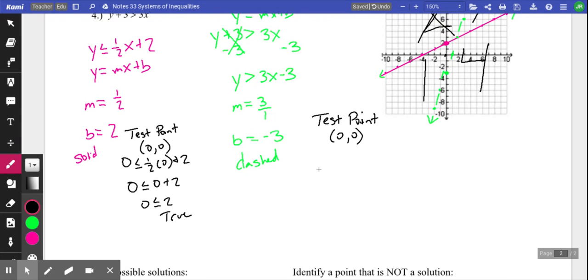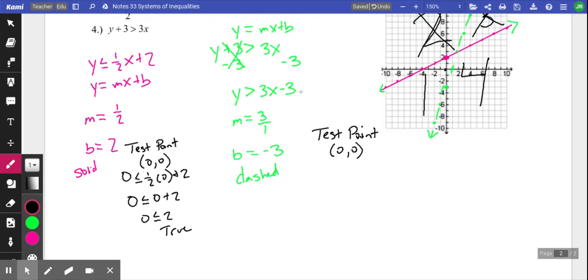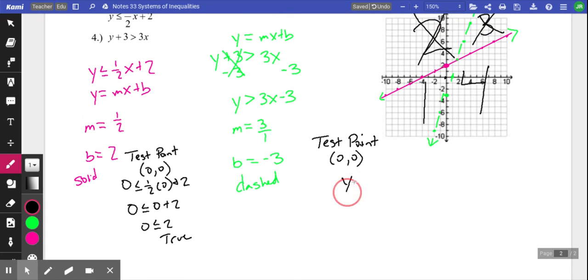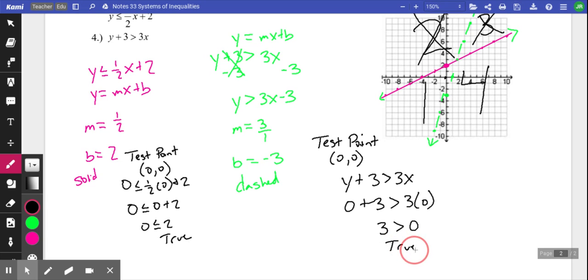So I'm going to plug it into my second inequality, y plus 3 is greater than 3x. I'm going to replace y with 0 and x with 0. This gives me 0 plus 3, which is 3, is greater than 3 times 0, which is 0. So is 3 greater than 0, true or false? Well, that one's true. So that means I'm going to be shading in region 1.